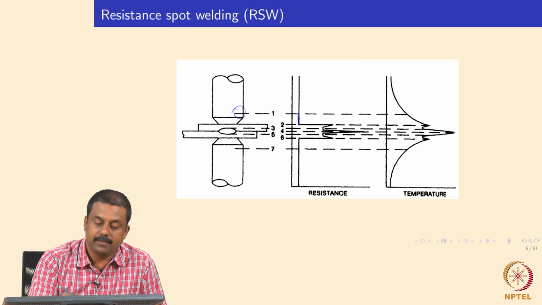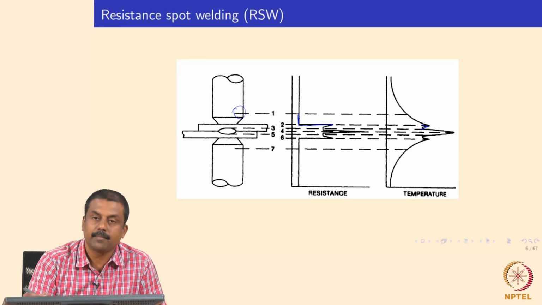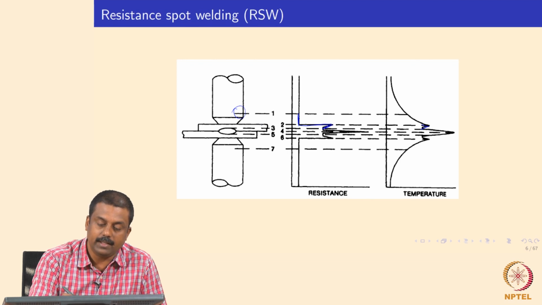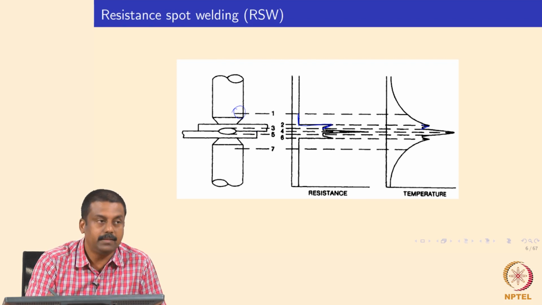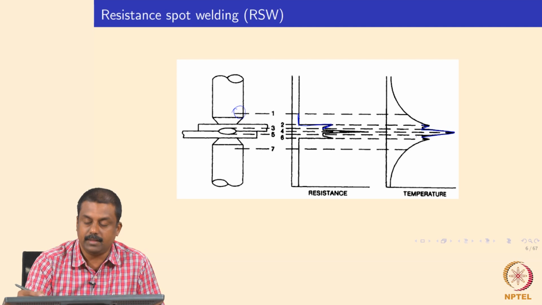Then at the interface between the electrode and the sheet, you have increasing resistance, leading to increasing temperature. Inside the sheets, the resistance is much lower than the interface resistance, and the temperature also decreases. But at the interface between the two sheets, you have maximum resistance given by the contact resistance, and the temperature increases significantly because of that.